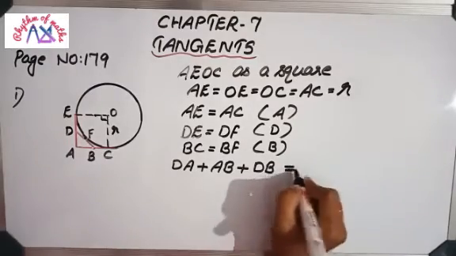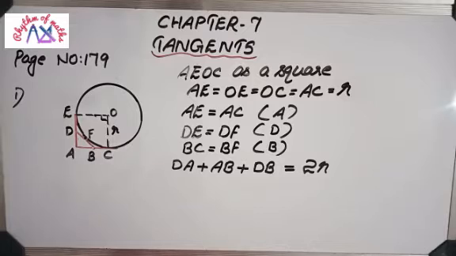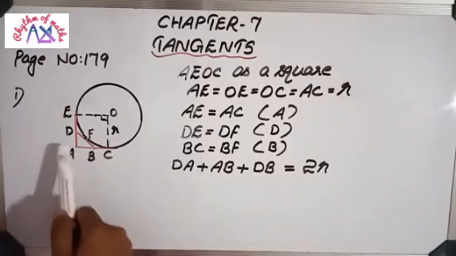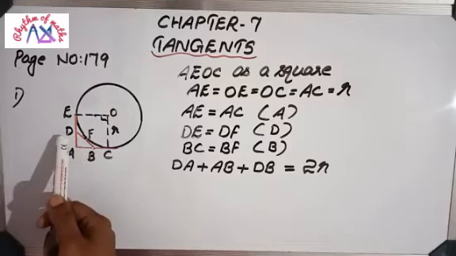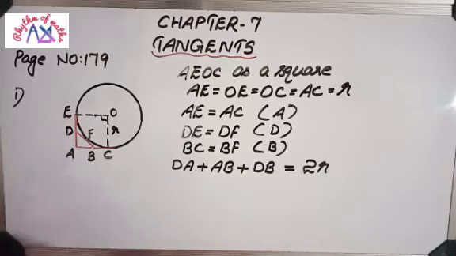This must be equal to the diameter, that means 2r. This is what we need to prove here. Now the measurements of DA, AB and DB we don't know. That means we have to split this.